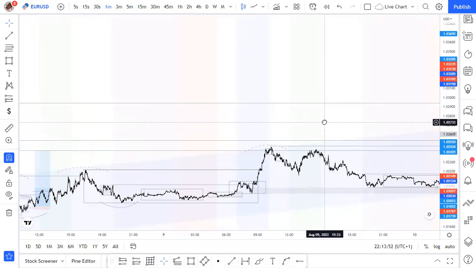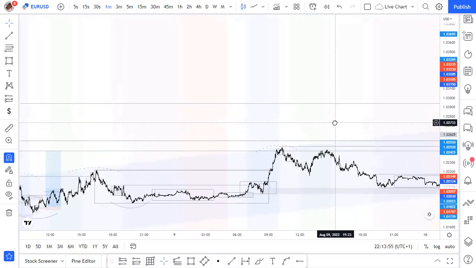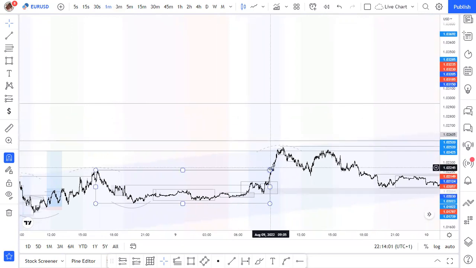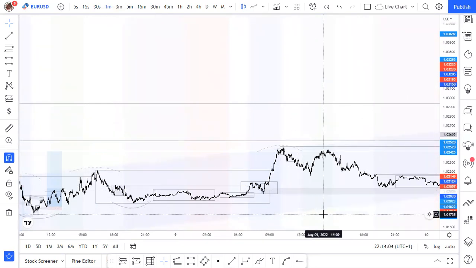That 10% or 5% that you left running could actually cover the next loss you'll be taking.